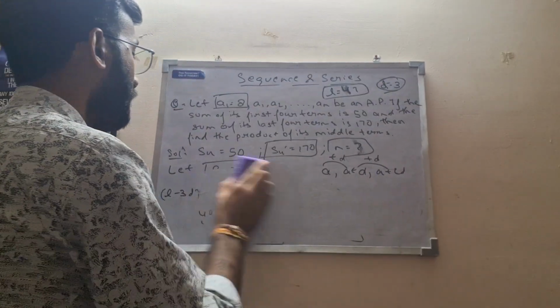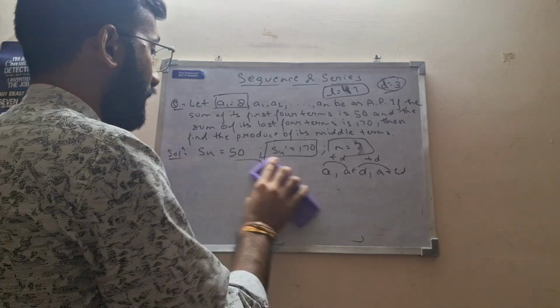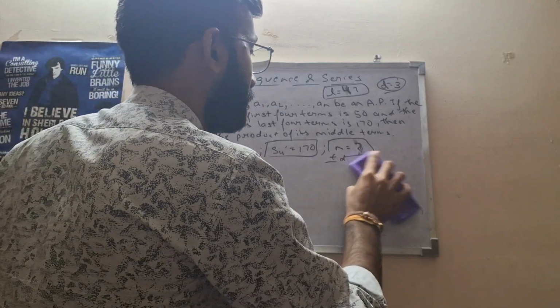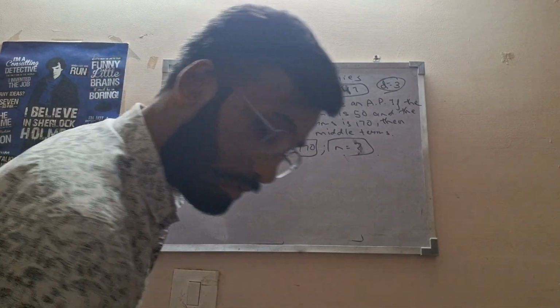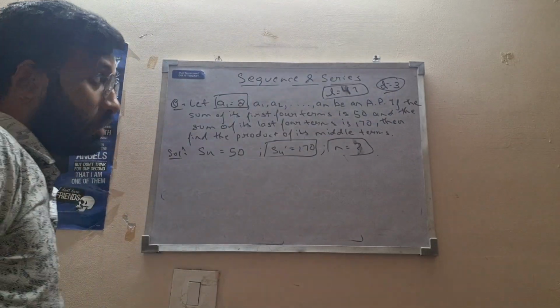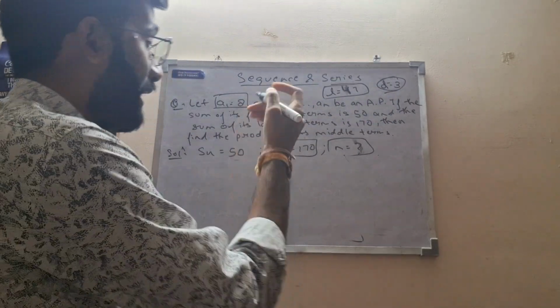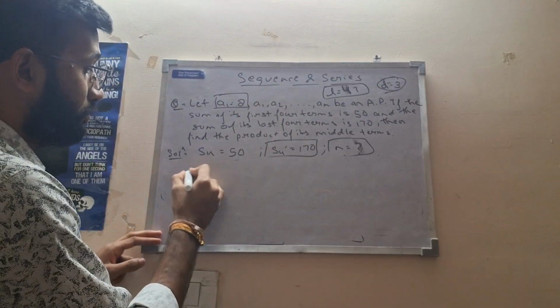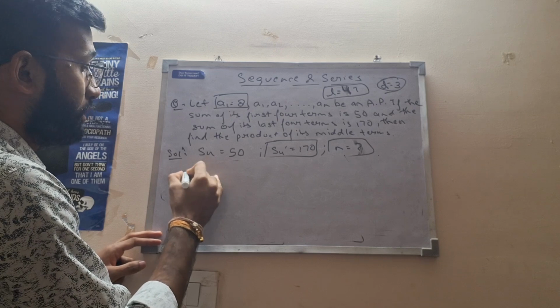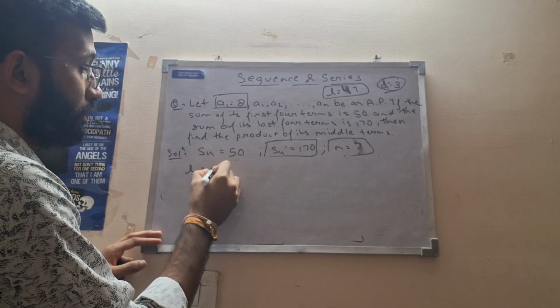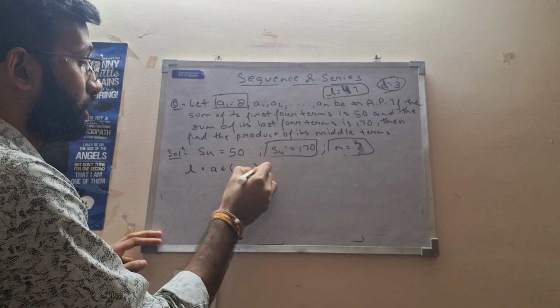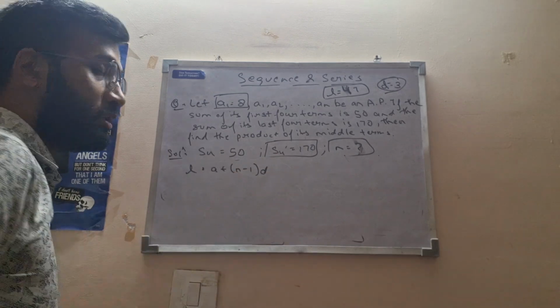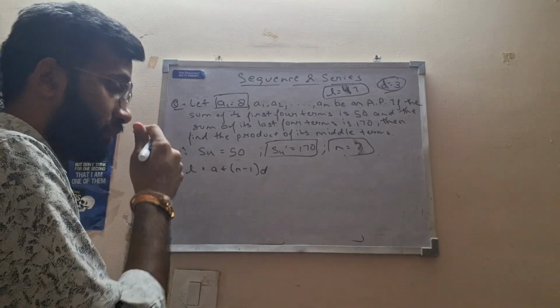Now we know our first term, our last term, and our common difference. So can we find our n? The last term is L, which will be equal to a + (n - 1) d. That is the general term formula for the AP.